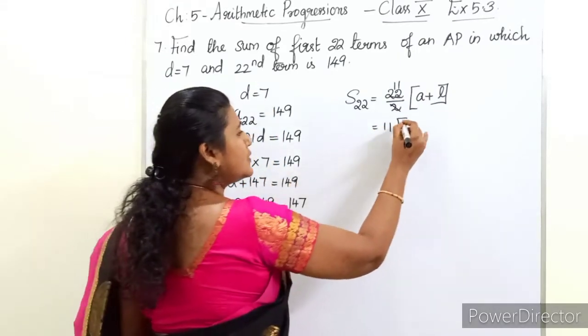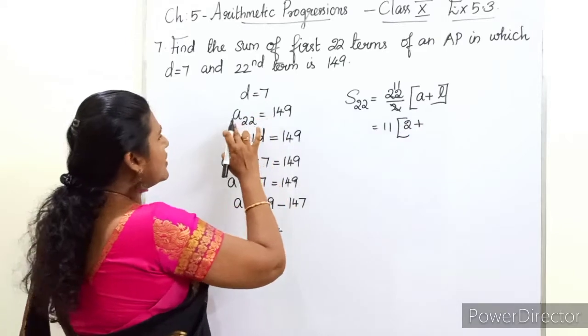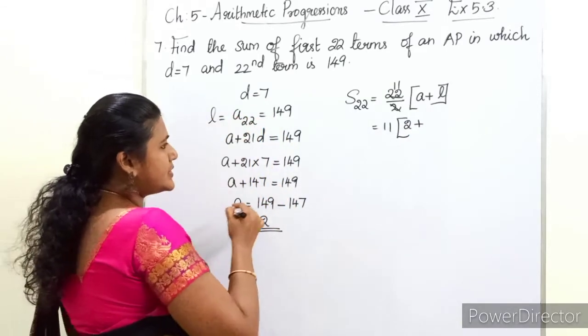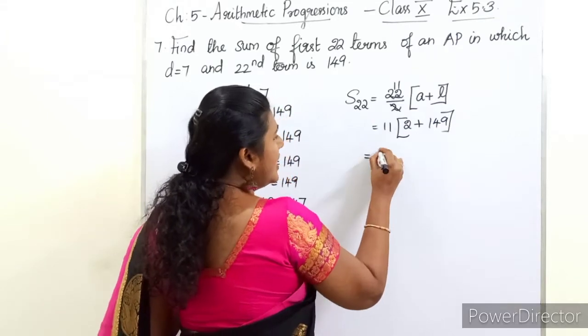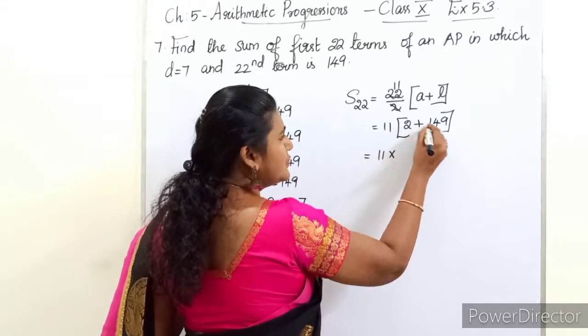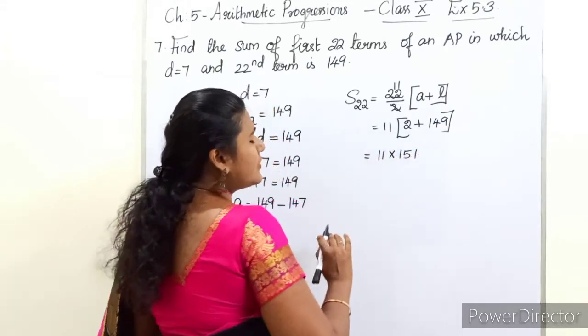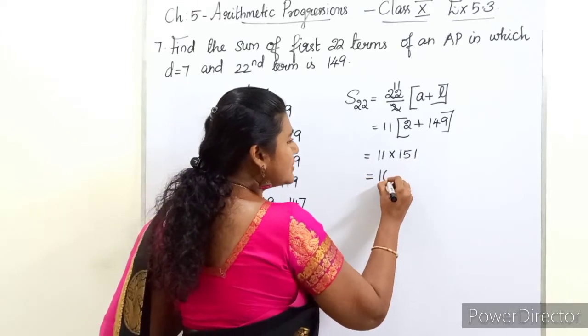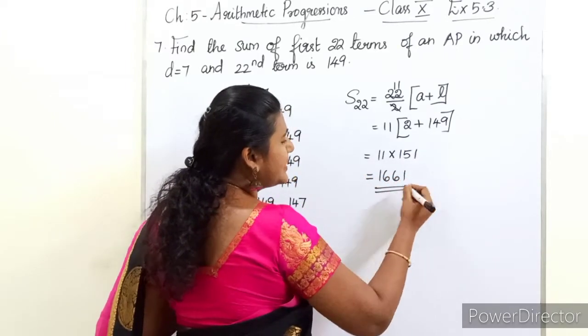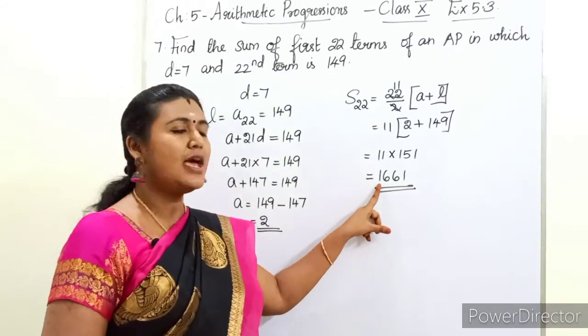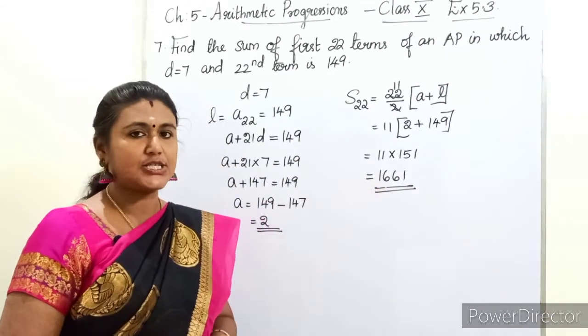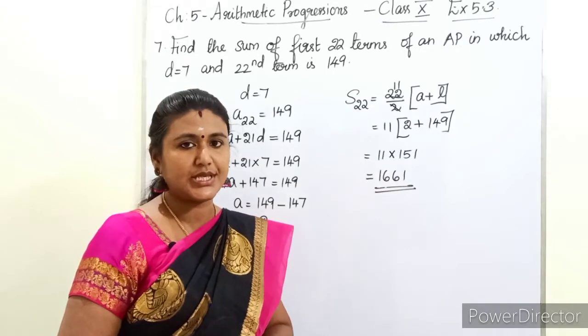A is equal to 2 plus L, L is nothing but A22, that is 149. So we will multiply 11 into 151. When you multiply these two, 1661 will be the answer. So the sum of first 22 terms will be 1661.